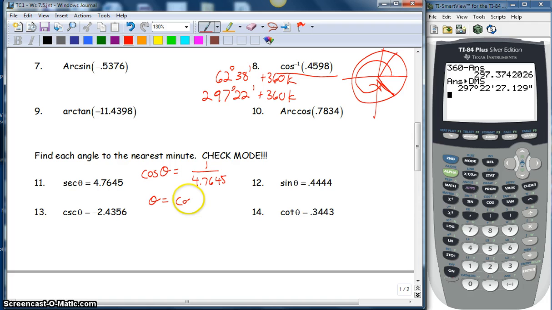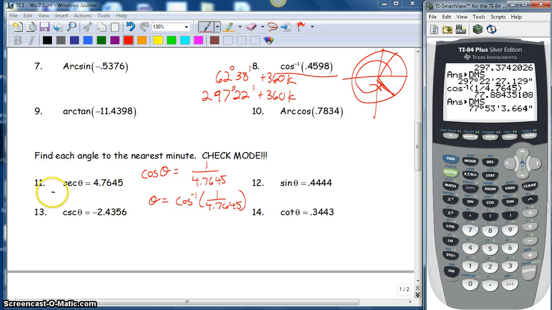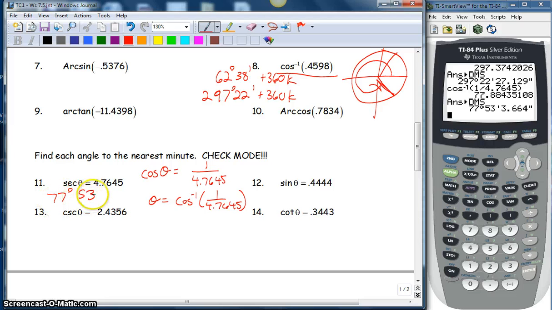Theta equals cosine inverse of 1 over 4.7645. I'm only writing out all these steps so you guys can see how to do it. So second cosine of 1 divided by 4.7645, and we hit enter. And we do second angle 4. And we get 77 degrees. So this answer is 77 degrees and 53 minutes.